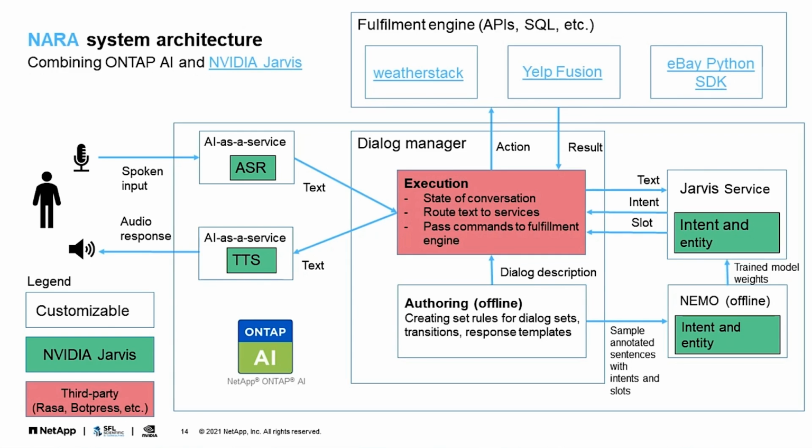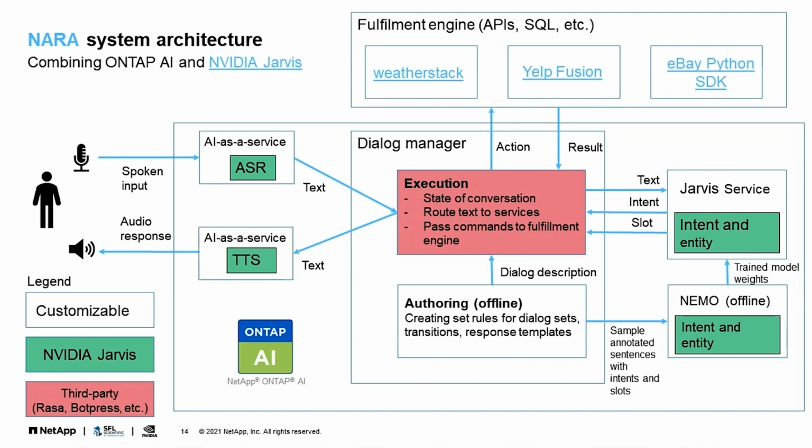And in cases for third-party APIs, we connect to WeatherStack for weather inquiries, Yelp Fusion API for points of interest, and eBay Python SDK for inventory and price check. So after the fulfillment engine returns the result, Jarvis text-to-speech AI as a service returns that audio response back to the user.